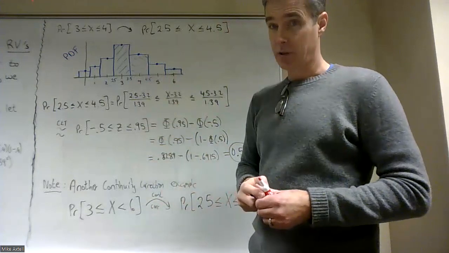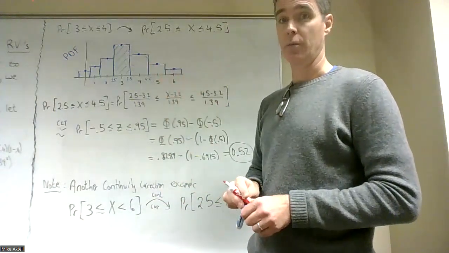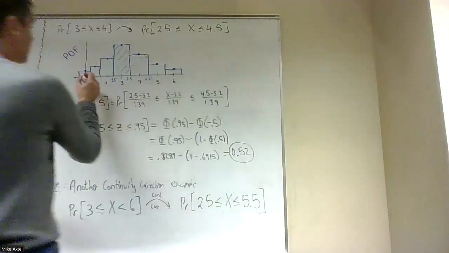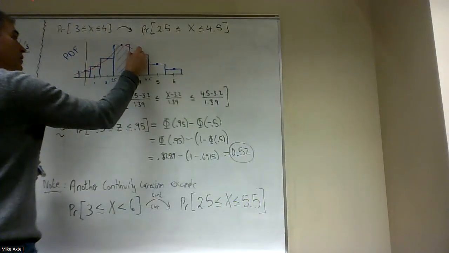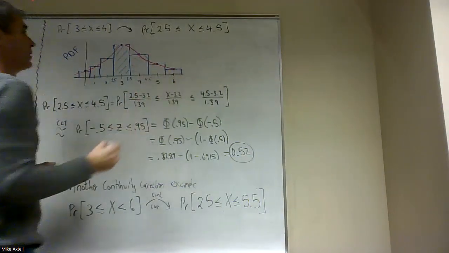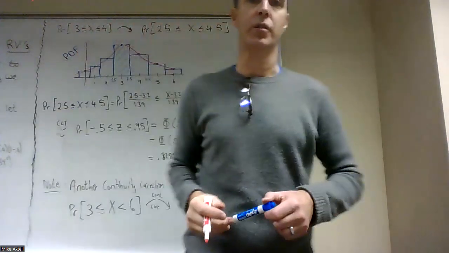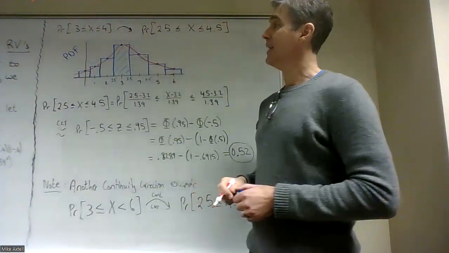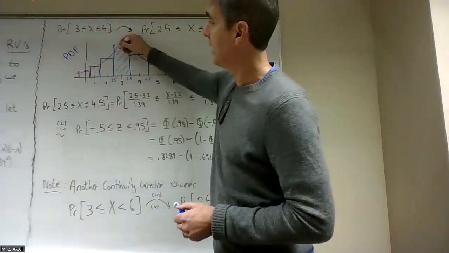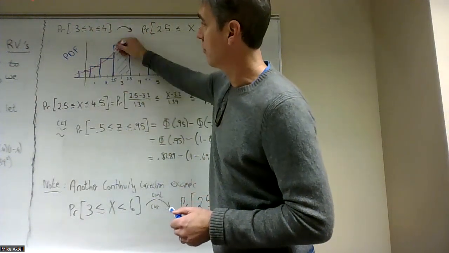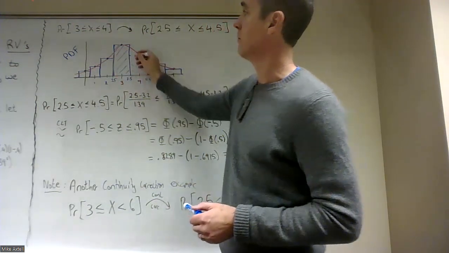Now, the central limit theorem says, hey, these probabilities can be approximated by a normal distribution. So I can sort of show you that normal distribution. All right, so the normal distribution is in red. Now, if I want to approximate the area in these two bars, I need to approximate the area under the normal distribution from the start of the first bar to the end of the second bar.